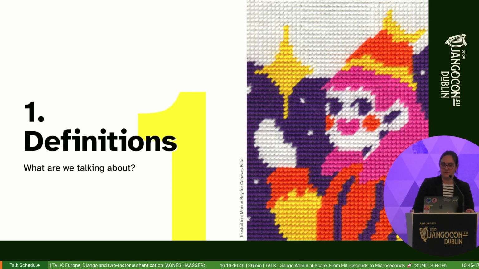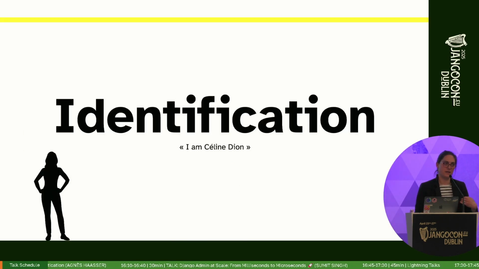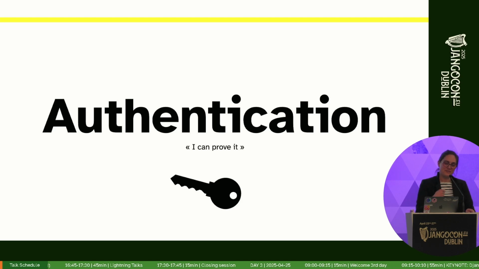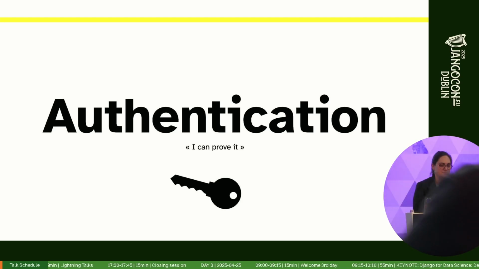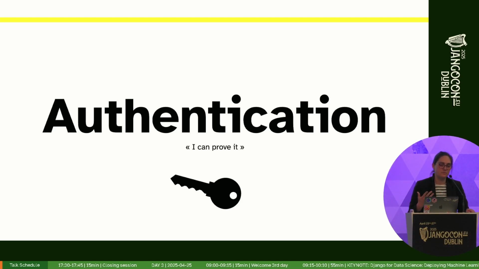So the first part with the definitions. What is identification? Identification is telling who I am. I am Céline Dion. So you notice I can tell everything. Authentication is proving who I am. How can I prove my identification to a computer?